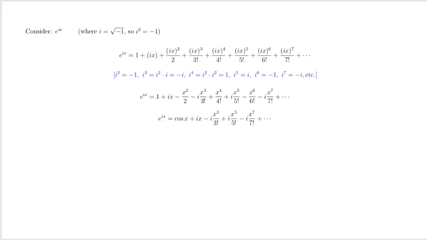And so we can remove those terms and replace them with the cosine of x, and that leaves us with e to the ix is the cosine of x plus all the remaining terms: i times x minus i times x cubed over 3 factorial plus i times x to the fifth over 5 factorial, and on and on like that. And if you notice, all of these remaining terms have a factor of i in them.